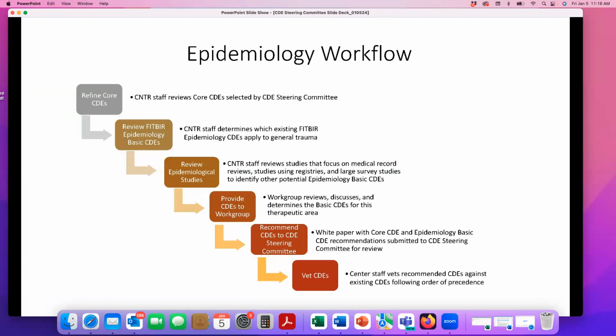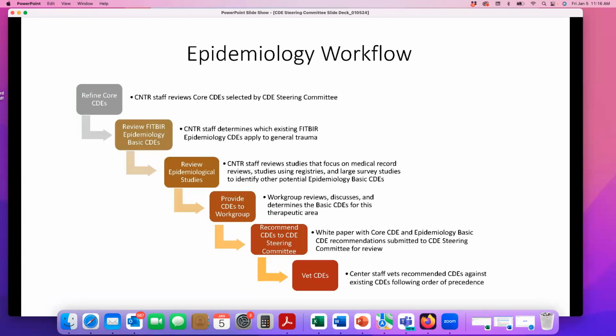That's really talking about the very first core set, looking at FITBR and what was originally an NTRR, and determining if there are any FITBR core CDEs that fit or are needed into NTRR version 1. And this work group is going to review that set and determine what are going to be the overall core CDEs going forward. And that will actually be presented and discussed heavily at the face-to-face.